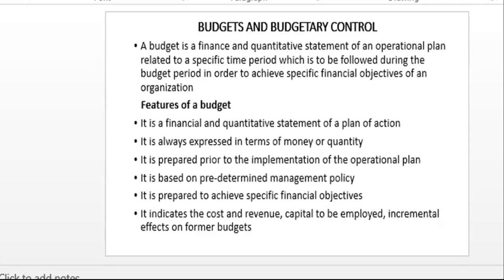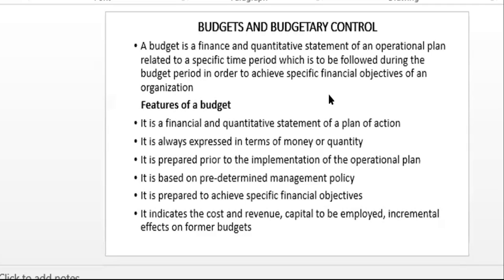And then somebody may ask, what's a budget? A budget is a financial and quantitative statement of an operational plan related to a specific time period, which is to be followed during the budget period in order to achieve specific financial objectives of an organization.